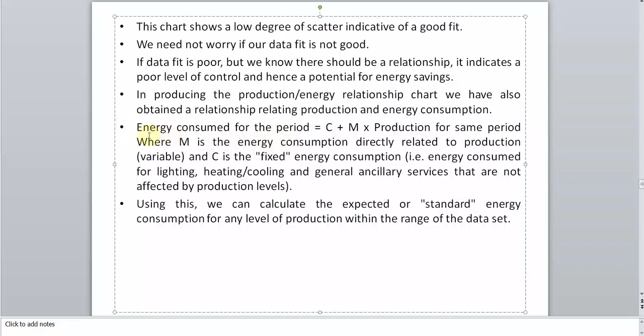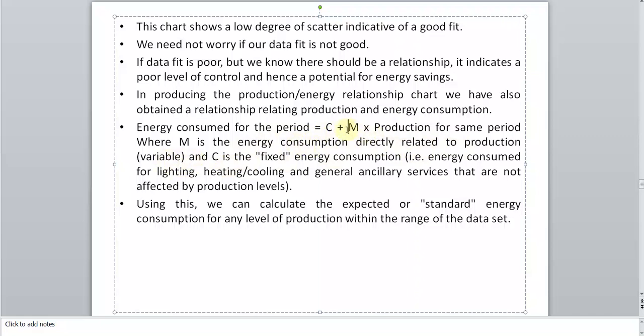If you have to find the energy consumed for the period, the formula is C plus M into production for the same period. Here C and M are two different variables. M is the energy consumption directly related to the production variable.